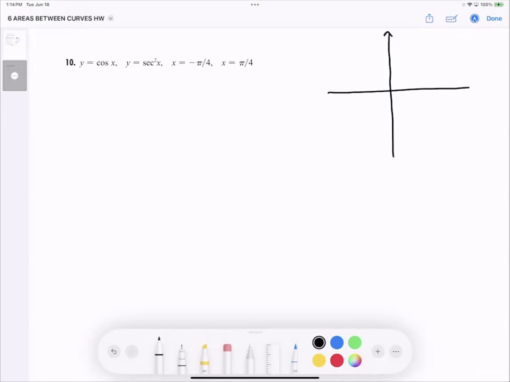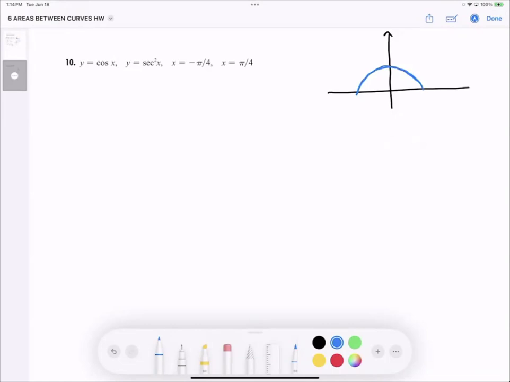And remember the graph of cosine? Well, the graph of cosine behaves nicely. Okay, here we go. Let me change the color. We're not going to graph the whole thing.